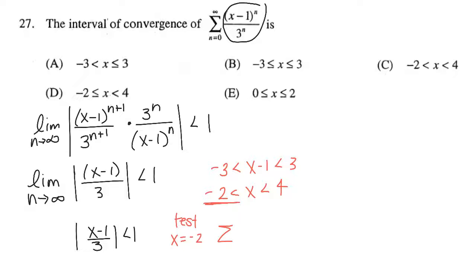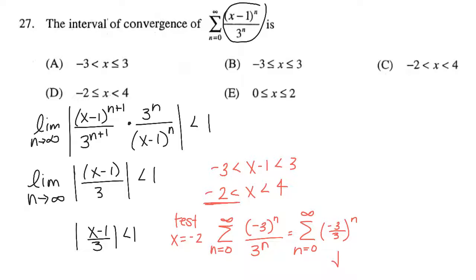And we need to see if this converges or diverges. So we have n starts at 0 to infinity, and if we plug in negative 2 minus 1 is negative 3 to the nth power over 3 to the nth, and we can move around this a little bit and try to reduce down, because since both are to the nth power, we can rewrite this to be the sum from n equals 0 to infinity of negative 3 over 3 raised to the nth power.